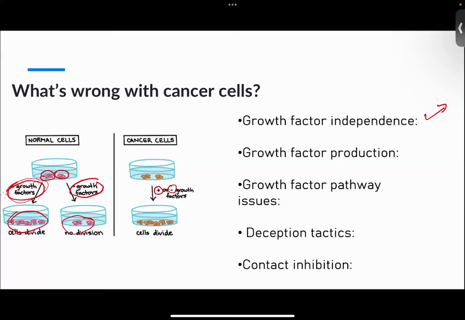So growth factor pathway issues also happen because the cell starts producing its own growth factors. It may also manipulate neighboring cells to produce more growth factors, then consume the growth factors from them and start growing.